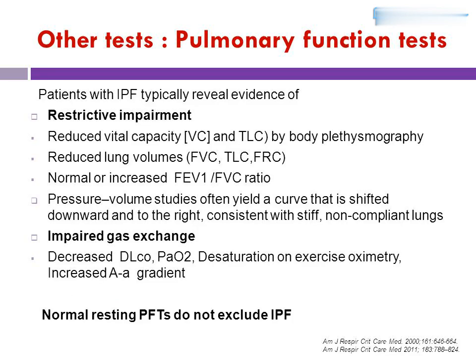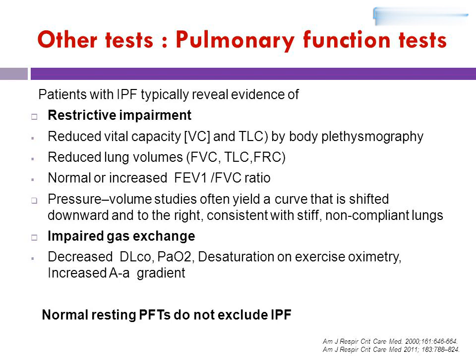Other tests, pulmonary function tests. Patients with IPF typically reveal evidence of restrictive impairment, reduced vital capacity, VC, and TLC by body plethysmography. Reduced lung volumes: FVC, TLC, FRC. Normal or increased FEV1/FVC ratio. Pressure-volume studies often yield a curve that is shifted downward and to the right, consistent with stiff, non-compliant lungs.